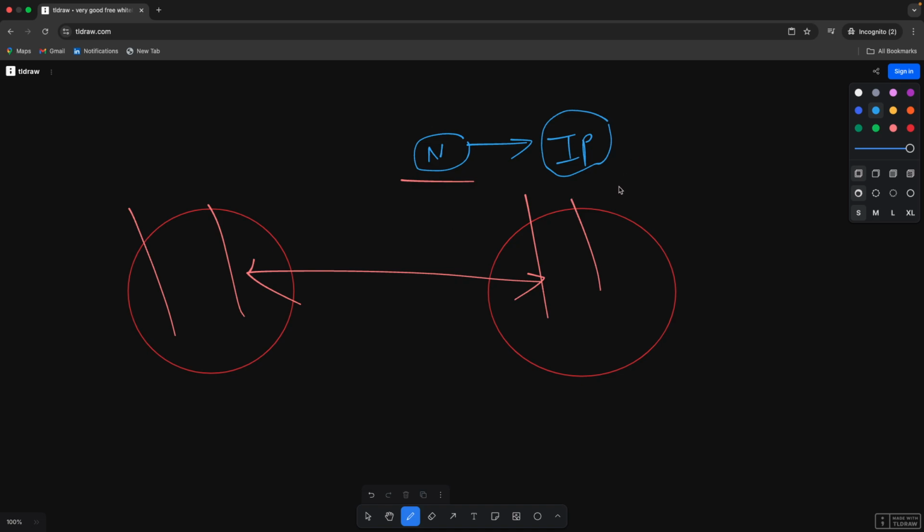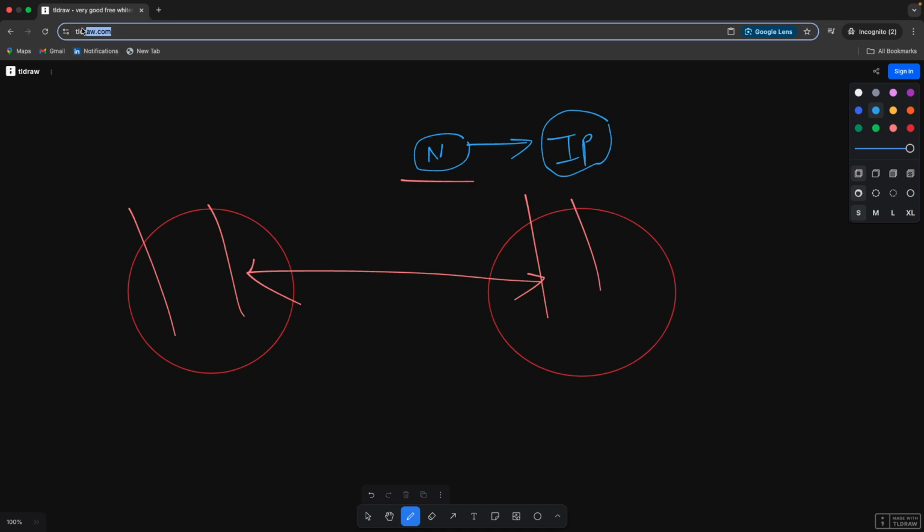These names are not freely available, you have to buy them from some web hosting services, for example GoDaddy is one of them. So you go and buy a name and map your IP address to it.